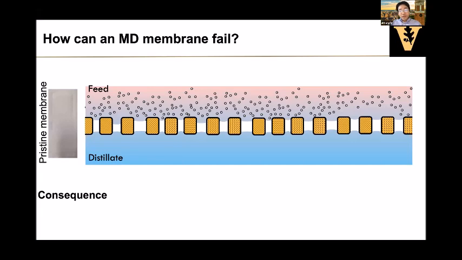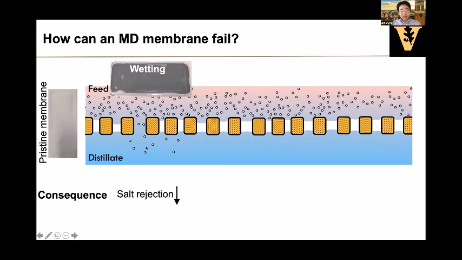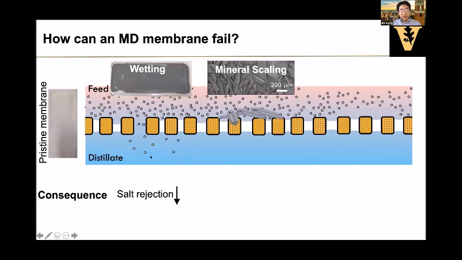There are three major mechanisms by which the membrane can fail. The first is called wetting, where some of the pores are penetrated through. It's bad because the salt rejection goes down, and it's no longer doing the desalination. The second very important mechanism, especially for treating very saline water, is mineral scaling.